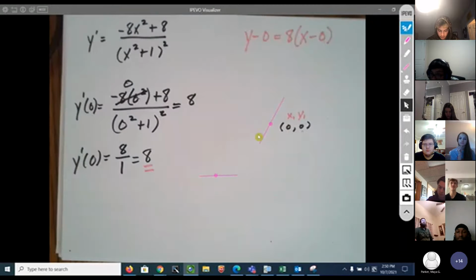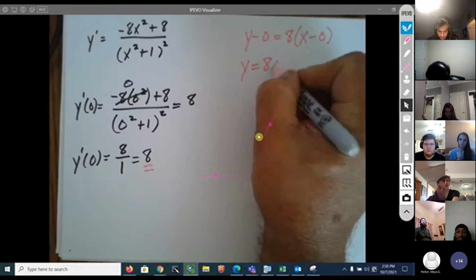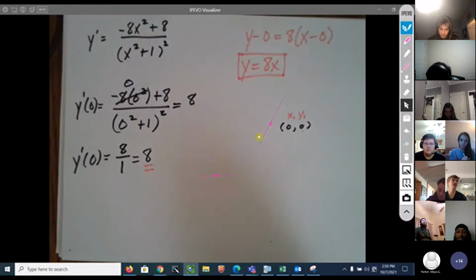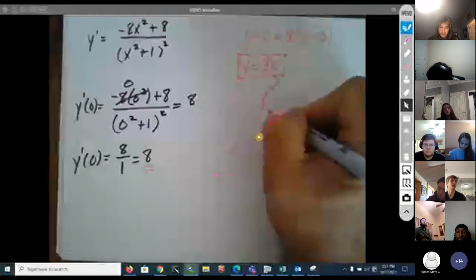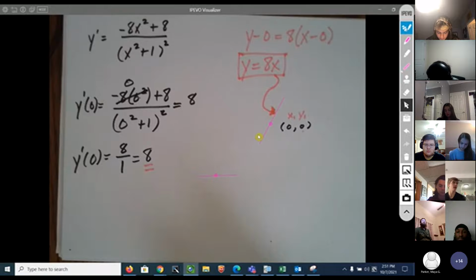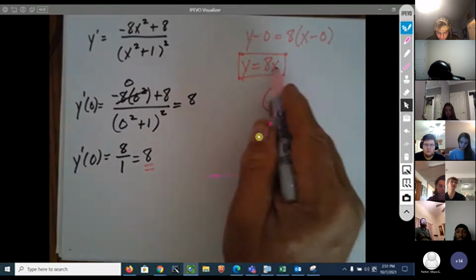Solve, you get y is equal to 8x. And that's what they're wanting. So the equation for that pink line, which is tangent to the original function at 0, 0, is y is equal to 8x.